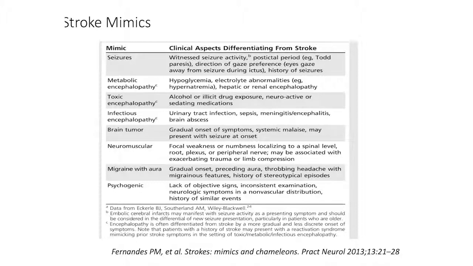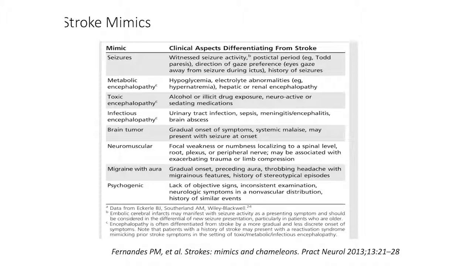Maybe they're already epileptic. Metabolic encephalopathy like hypoglycemia, hepatic or renal encephalopathy could mimic, same as toxic encephalopathy and other infectious encephalopathies. A brain tumor, although this would have a gradual onset of symptoms, not unless there is intratumoral hemorrhage, of which now they will present with sudden onset of symptoms.